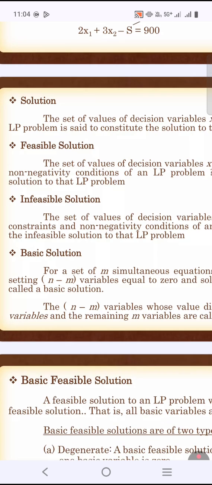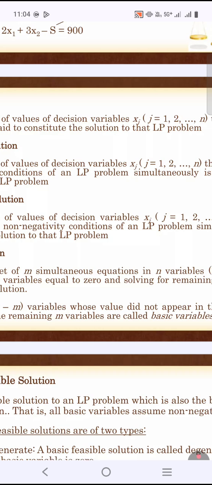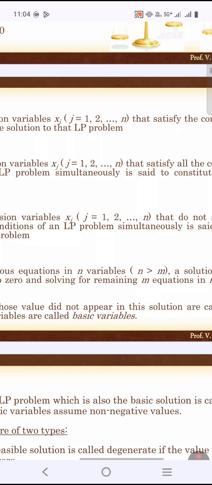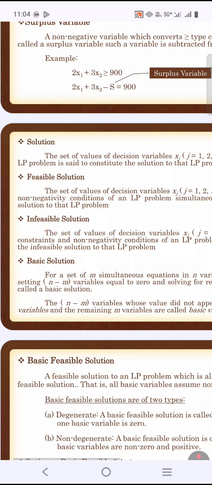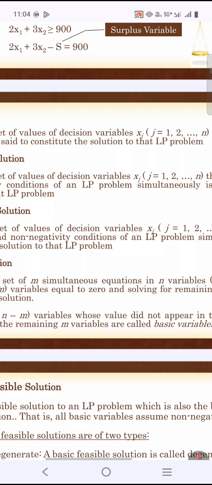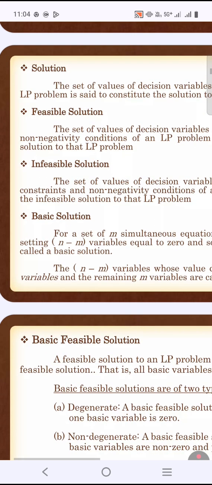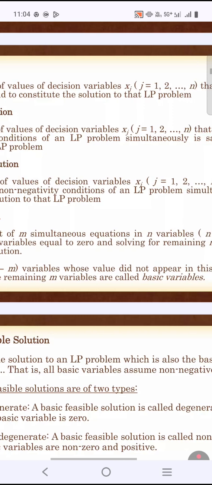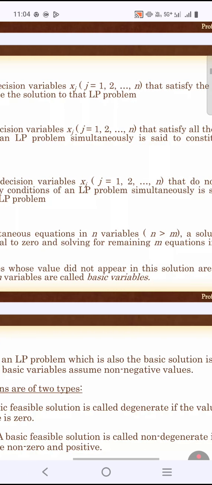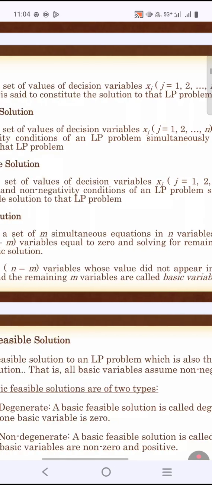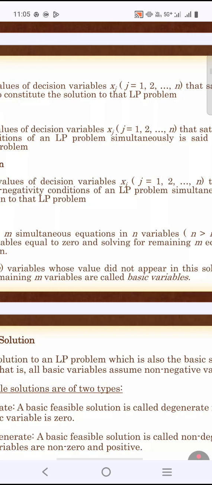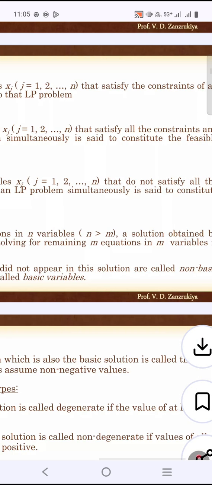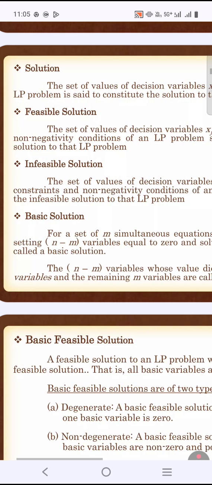Next definition: a set of values of decision variables xj, j equal to 1 to n, that satisfies the constraints of a linear programming problem is said to constitute a solution to the linear programming problem. Feasible solution: the set of values of decision variables xj, j equal to 1 to n, that satisfies all constraints and non-negativity conditions of a linear programming problem simultaneously is said to constitute the feasible solution.